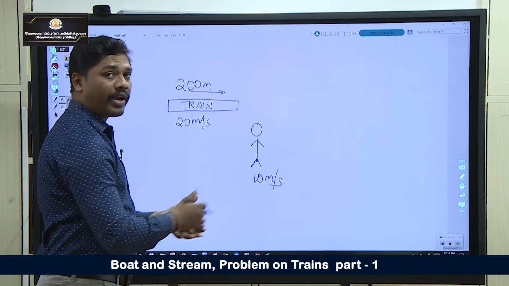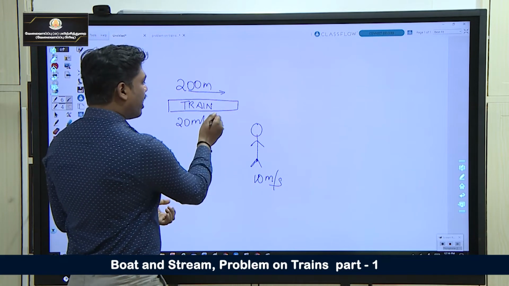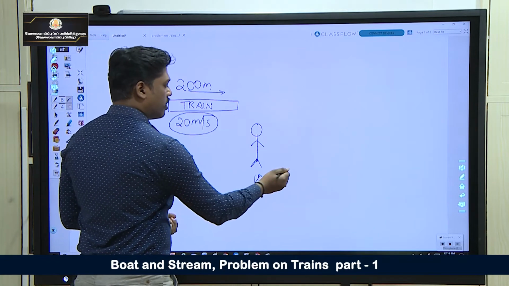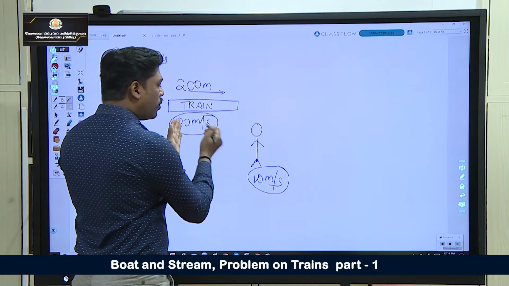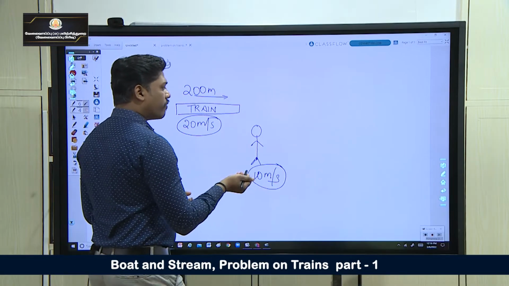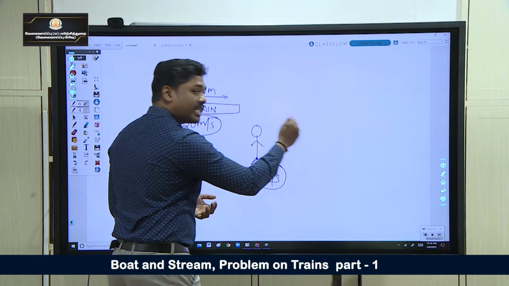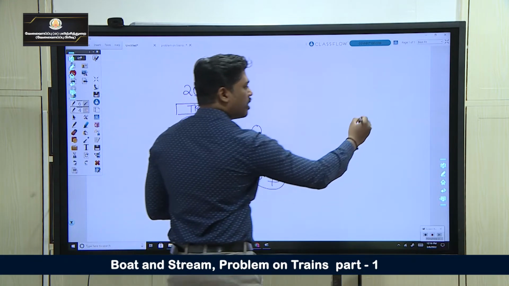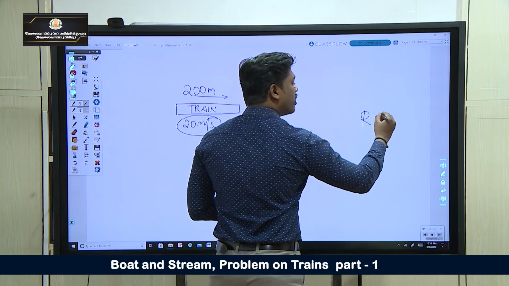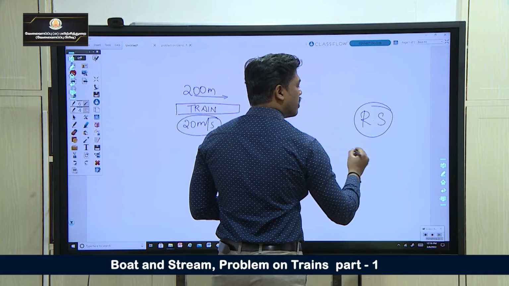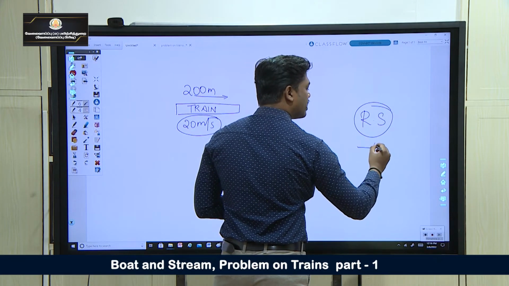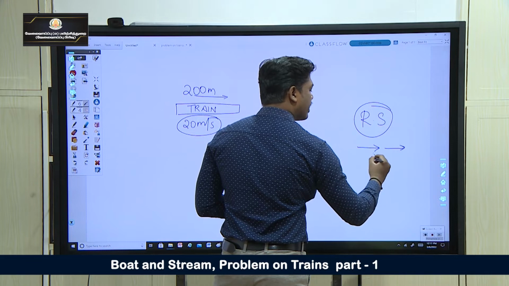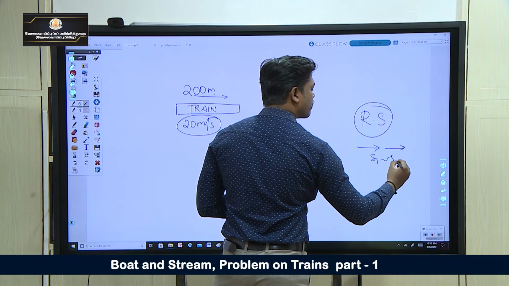So we cannot find it. Why? Because we are having two speeds here. When we are having two kinds of speeds, we should know in which direction the man is moving. Why? Because of relative speed. When two persons are moving in the same direction, it is the difference between speeds.